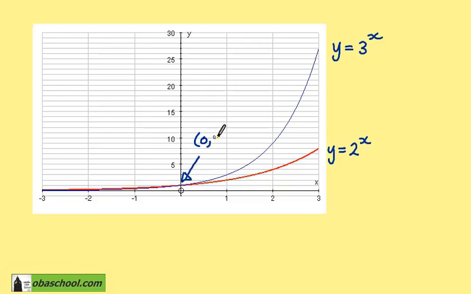All exponential curves, as mentioned, will go through this point. (1, 3), (2, 9), and (3, 27).